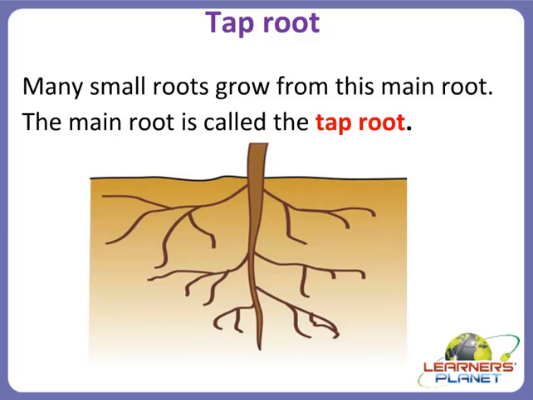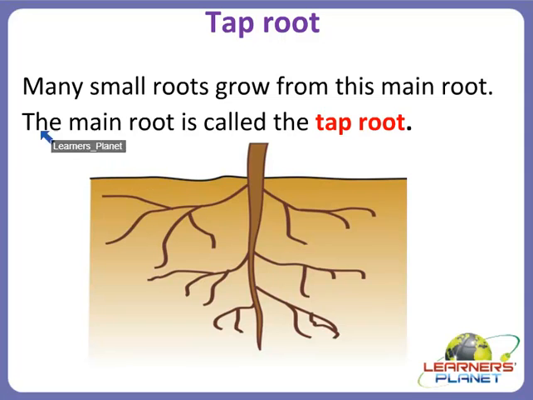The first one is taproot. Children, some plants have one main root and it grows from the end of the stem into the soil.